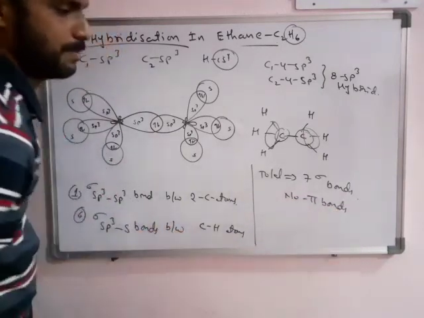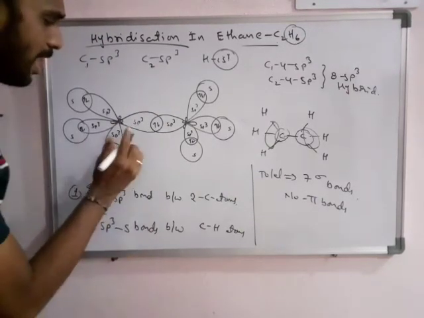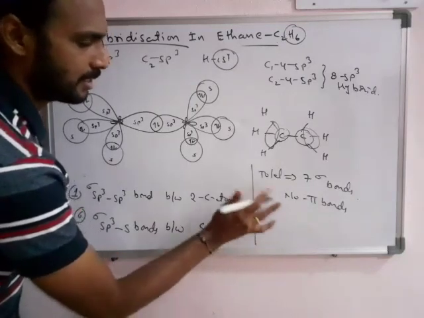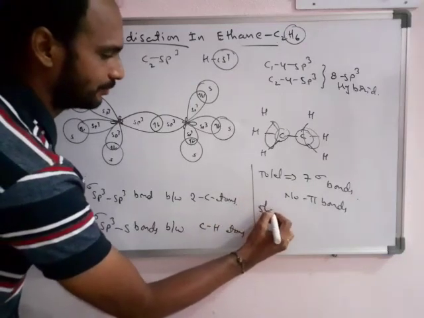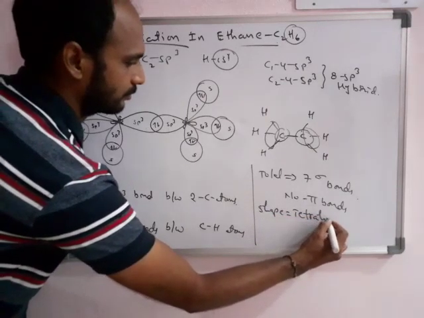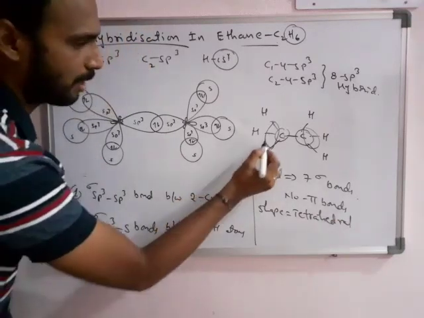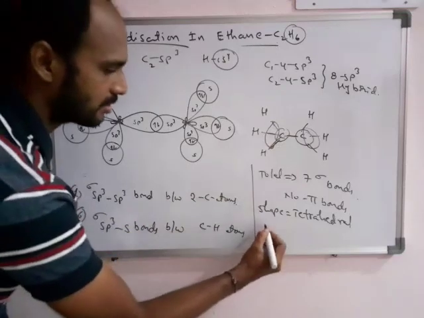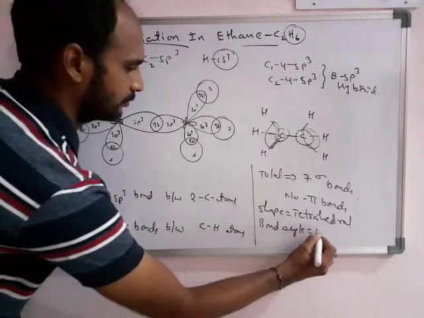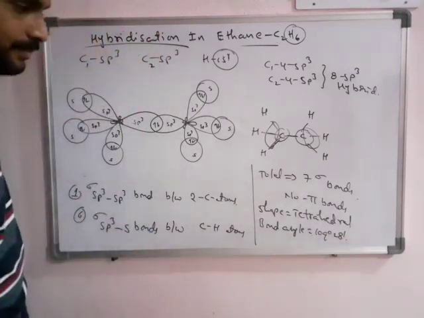There are no pi bonds present, and it consists of 2 tetrahedral structures, as it is having sp3 hybridization. The shape is tetrahedral.